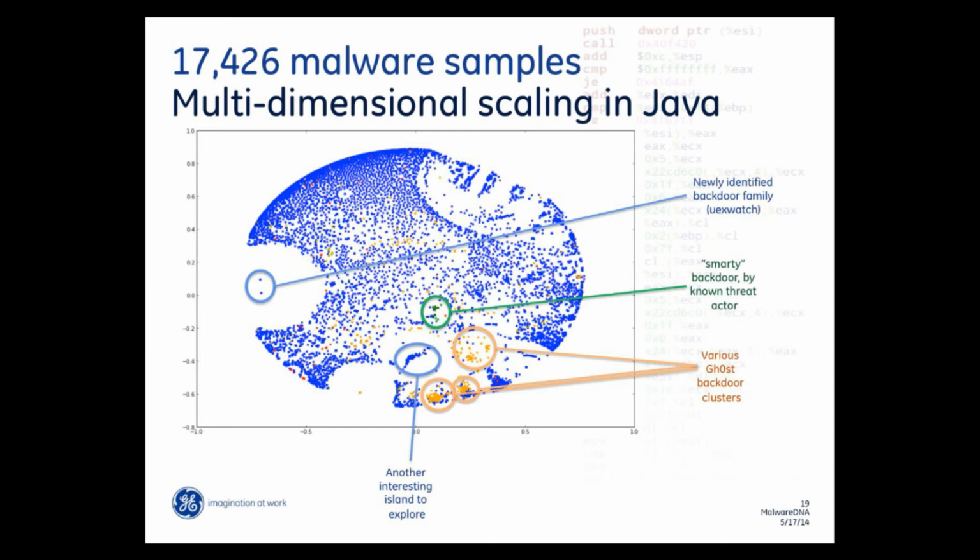And then finally, there's another malware sample that, after I charted this out, I didn't even know was there. Those are the two way out on the side, where it looks like it's taken a big bite out of it. That was actually called UEX watch, and it looks like a VM type of malware sample.